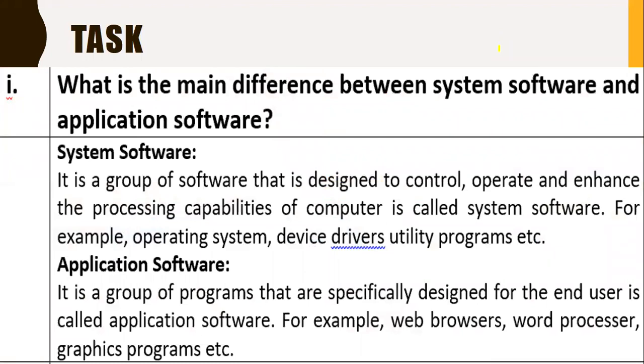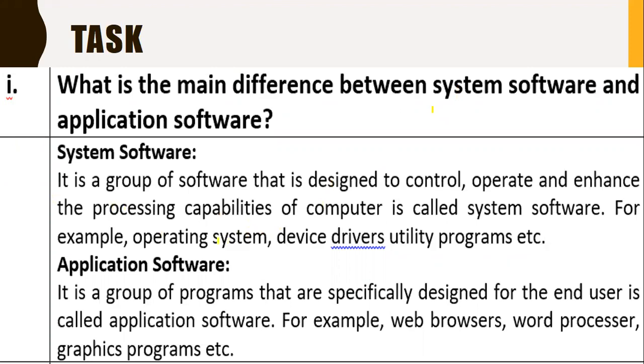So here is the task that you have to do. This is the first part of question number 3 from your exercise. What is the main difference between system software and application software? We have discussed system software in detail, that it is a group of software that is designed to control, operate, and enhance the processing capabilities of a computer.